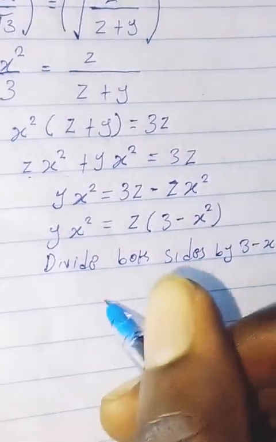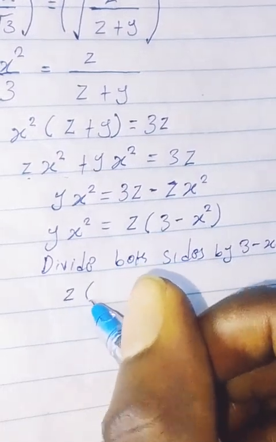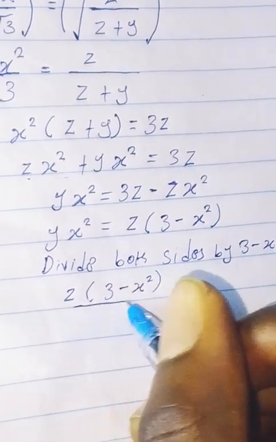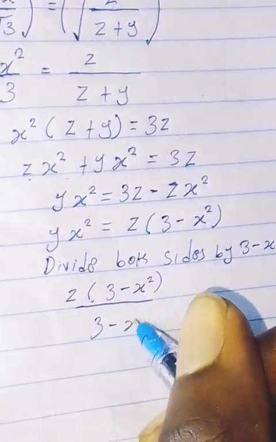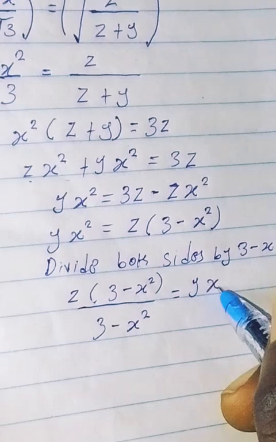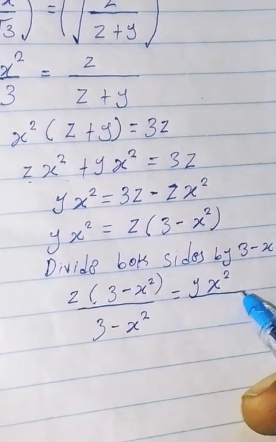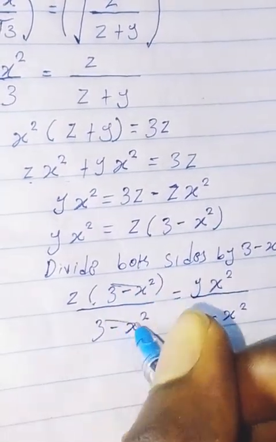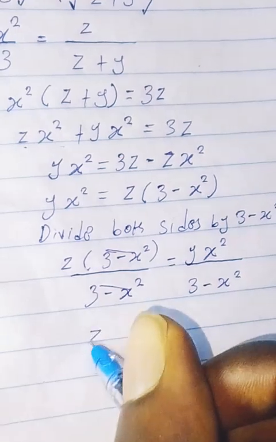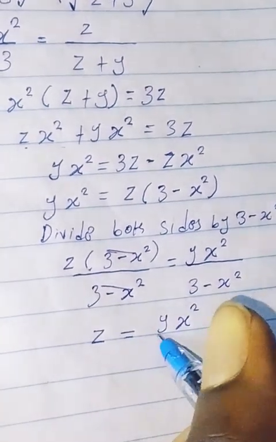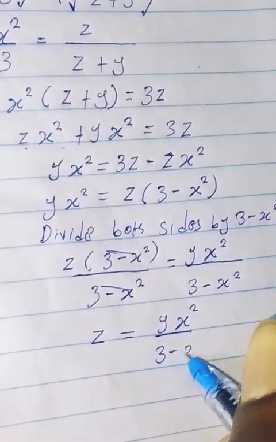Now from this part here, we have z into bracket 3 minus x squared over 3 minus x squared equal to yx squared over 3 minus x squared. Now this cancels out this. You are left with z equal to yx squared over 3 minus x squared.